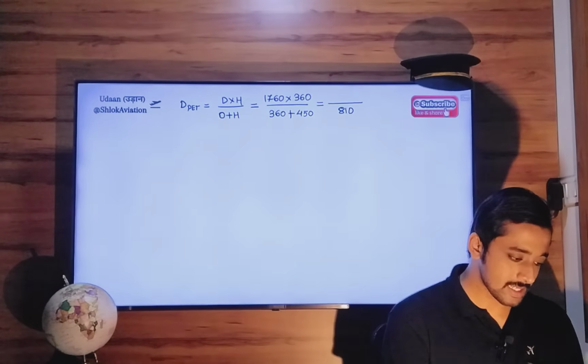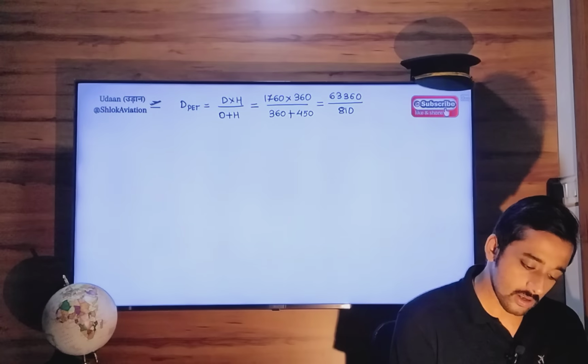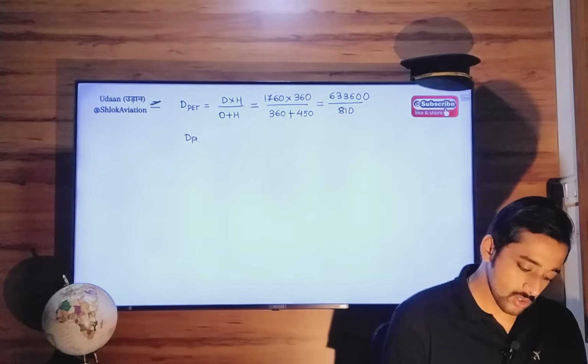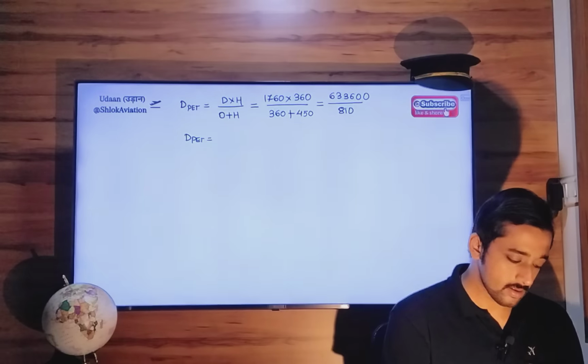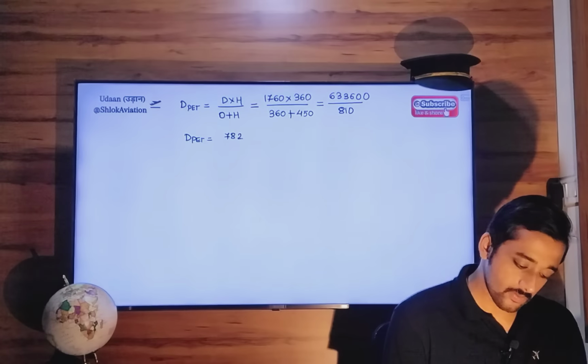1760 into 360 is 633600. So distance to point of equal time will be 782 nautical miles.